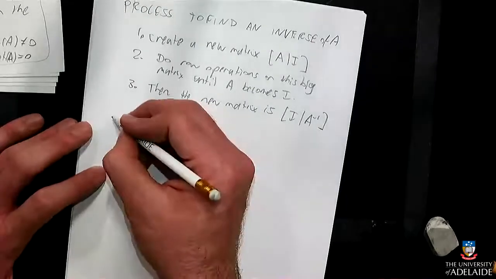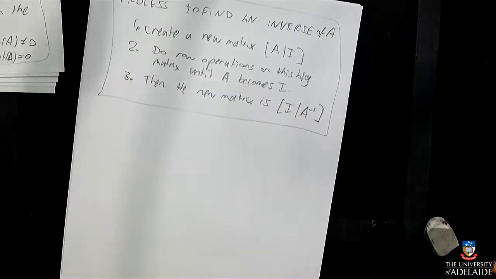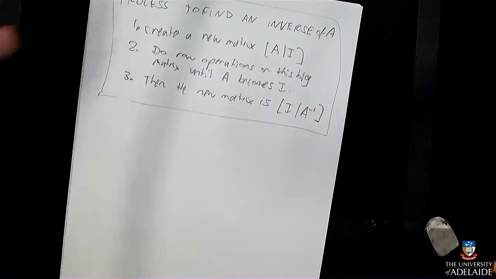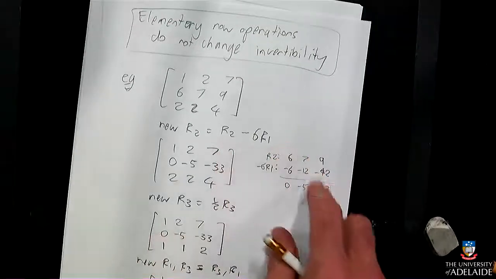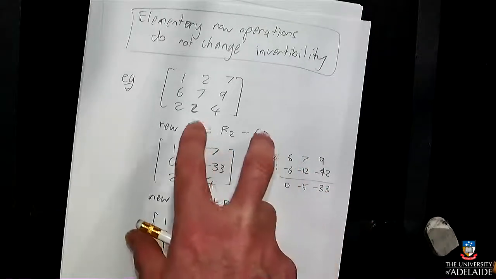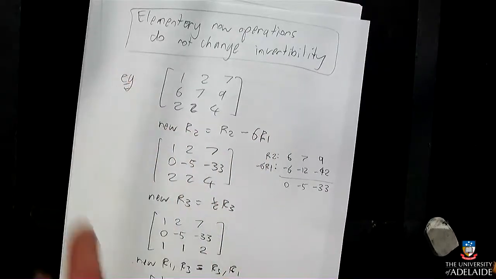So let me do some examples. And the reason this process works is that it's actually possible to do these row operations, instead of doing a row operation like this, by multiplying a matrix on the left-hand side.